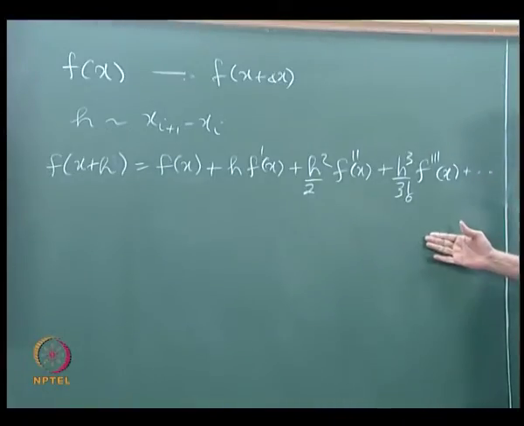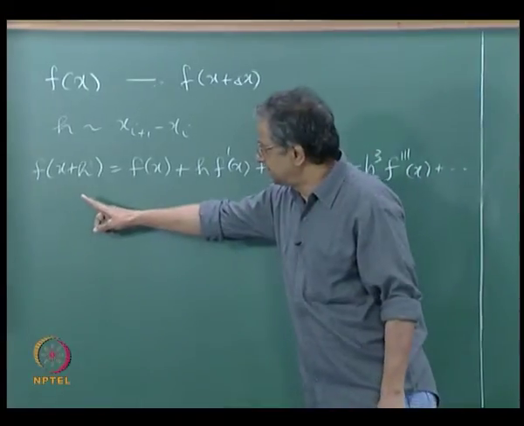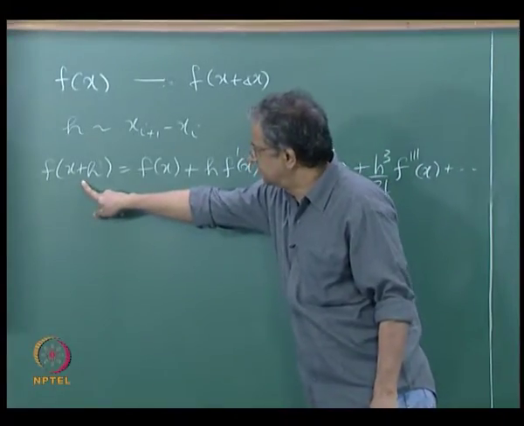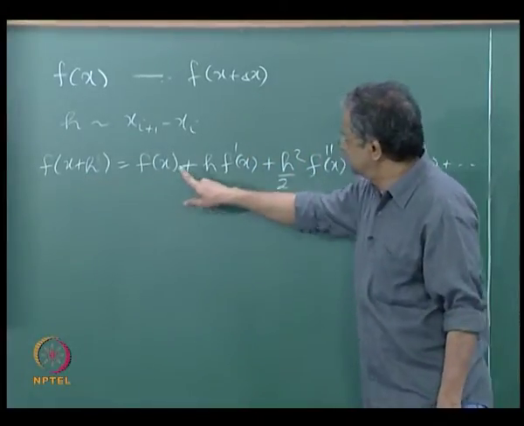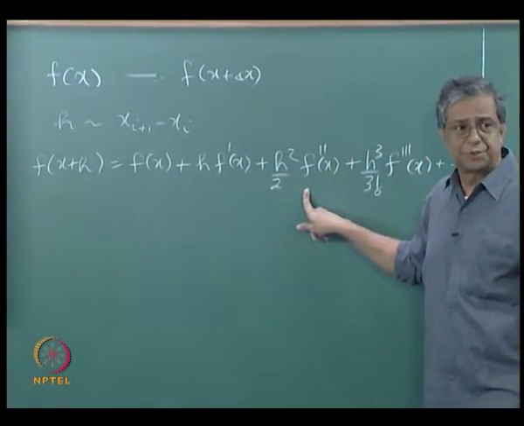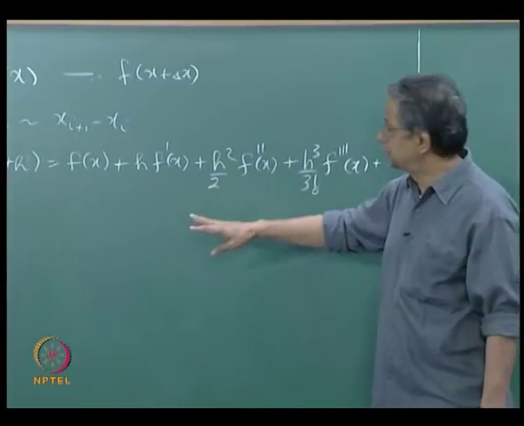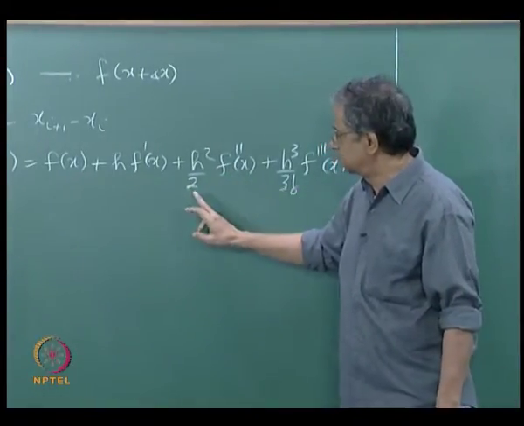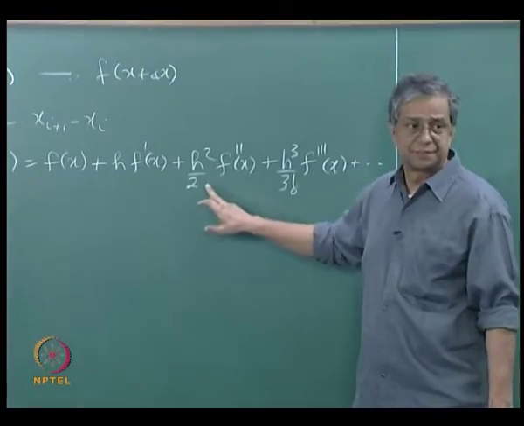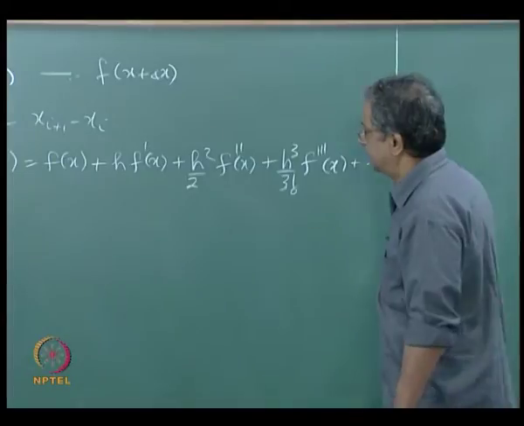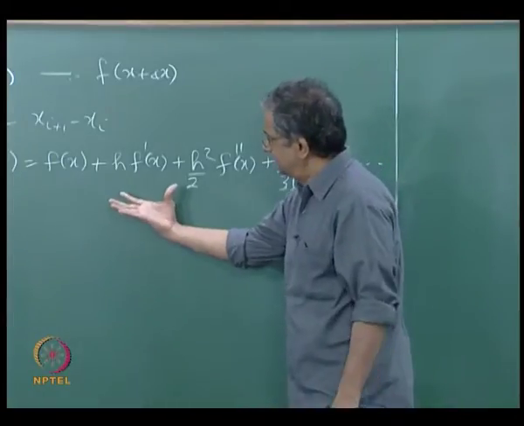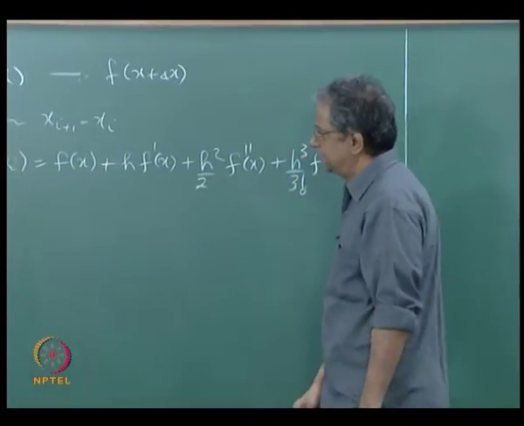One thing that we saw was it was possible for us to approximate f at x plus h in terms of these terms. The more information that you have, the more terms that you can add. So if you know the first derivative, you can get a representation whose error is of the order of h squared, and so on. The other possibility that we saw was that we can use this to extract out the first derivative.